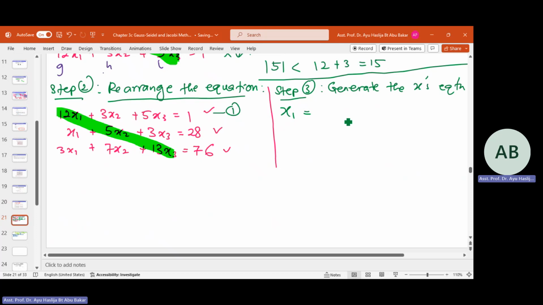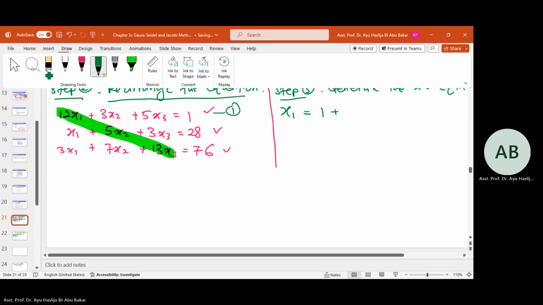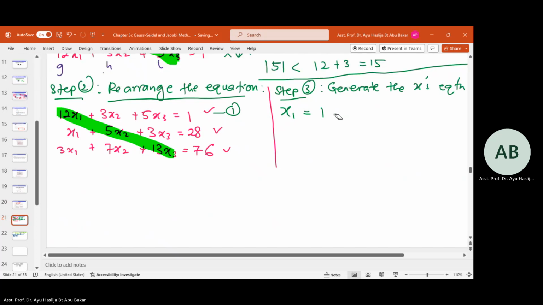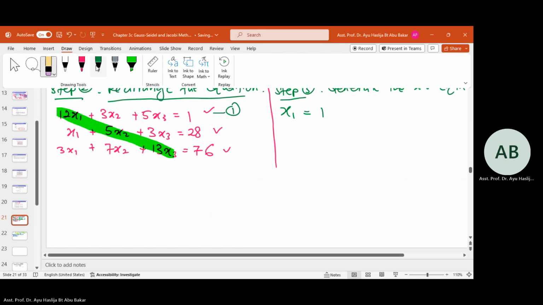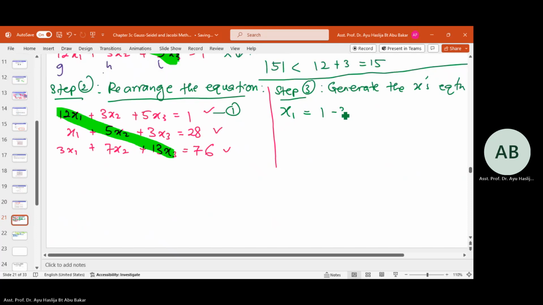So from here, you rearrange, you will get equation 2 specifically for x2.